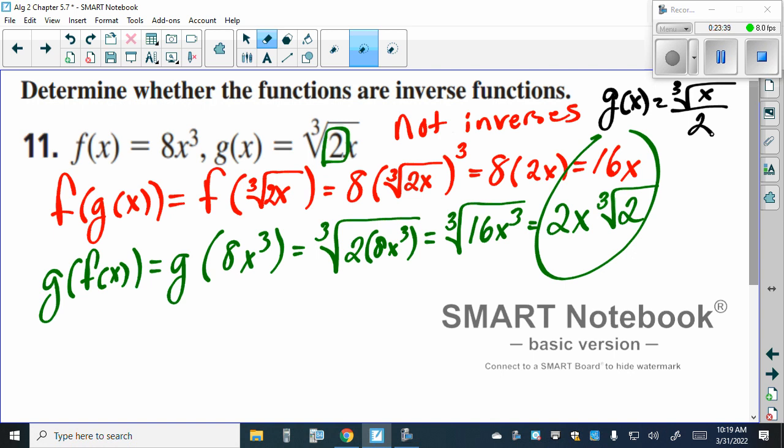Our 2 over 2 would cancel. So that's why it doesn't work, because g of x really needed to be the cubed root of x over 2, not 2 times x. But did it ask us to find out what the inverse should be? No. That's just over and above, showing you what it should have been if it was going to work. Y'all ready for the next slide?